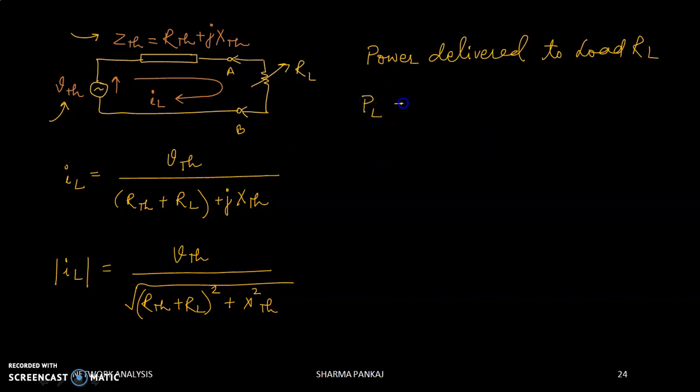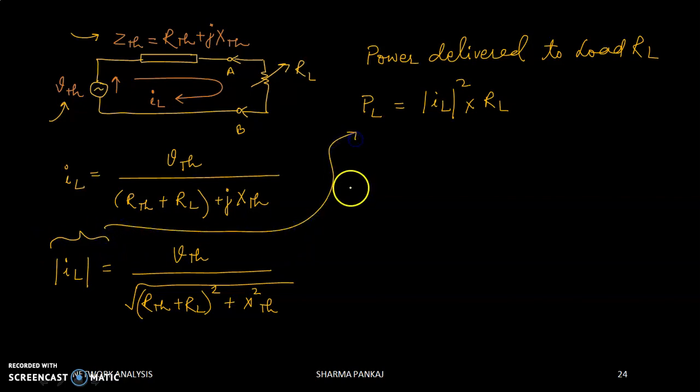PL is the absolute value of IL squared into RL. This is the formula. Now put this value of IL here.